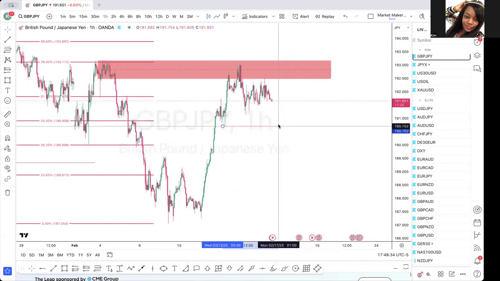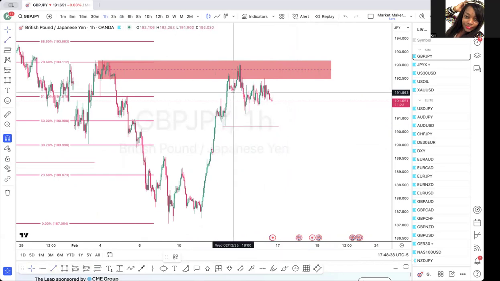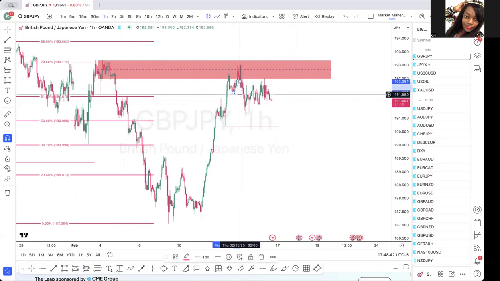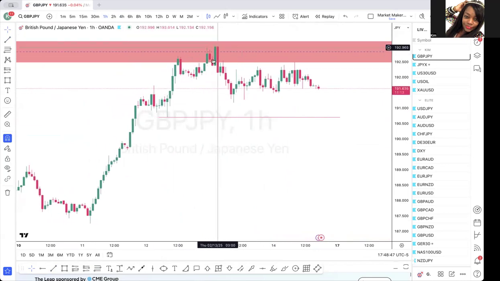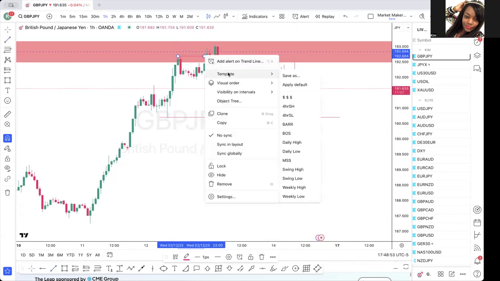All right. So we had, oops, hold on. Let me zoom it in. Price came into our POI, which is our point of interest. This was a 1-hour break of structure, which is normally where I look for my breaks of structure on the 4-hour and or the 1-hour. All right.